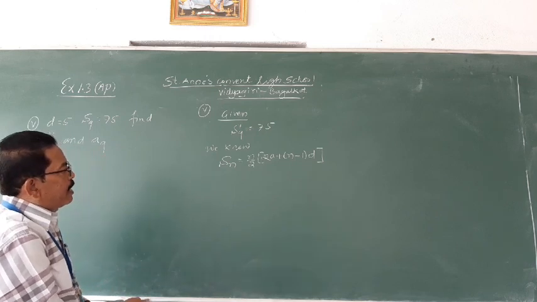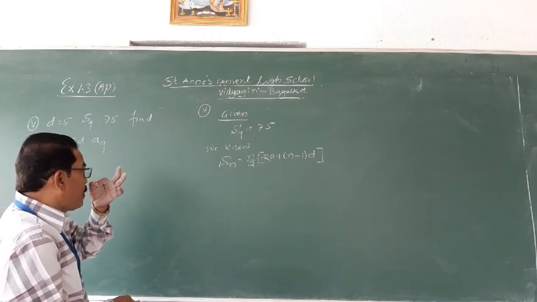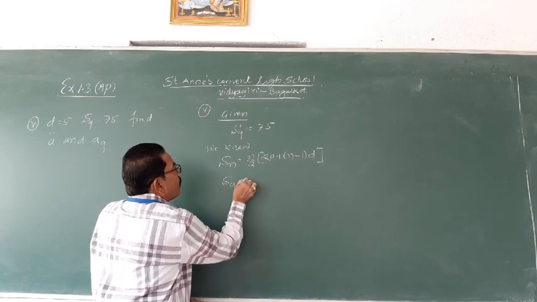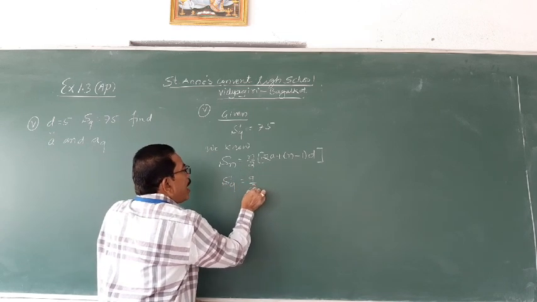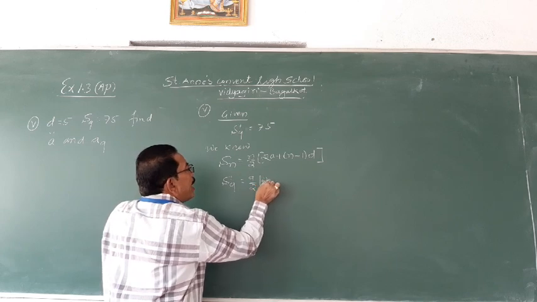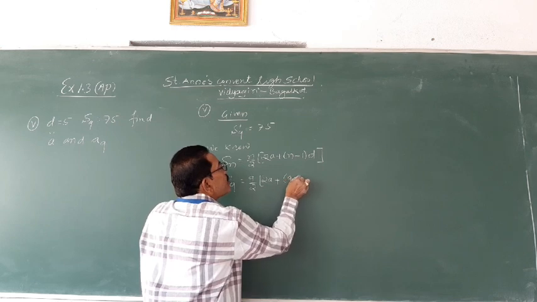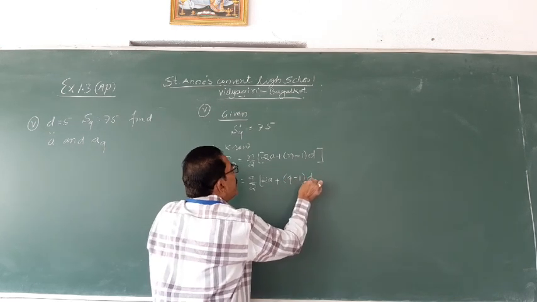Substituting the values, S9 equals 9 by 2, 2a we do not know, plus (9 minus 1) into d.